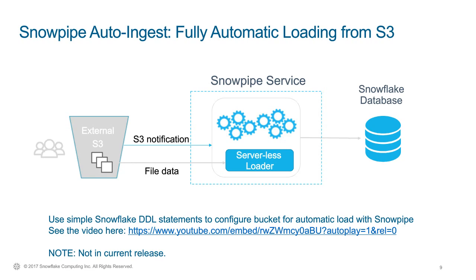The typical expectation here is that within about a minute after you've sent us the notification, either through the REST API or through the SQS queue in the case of option 1, you would see the data show up in your target table.